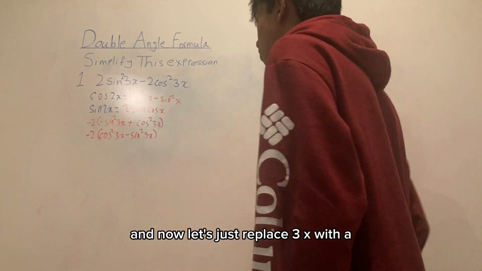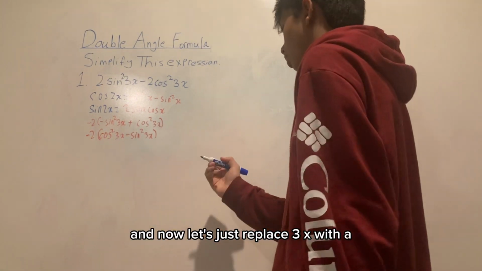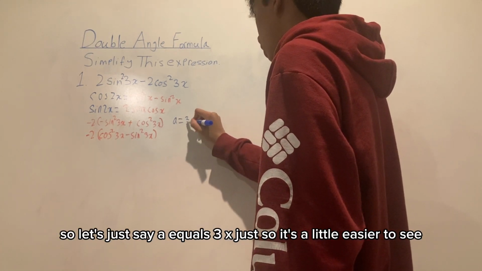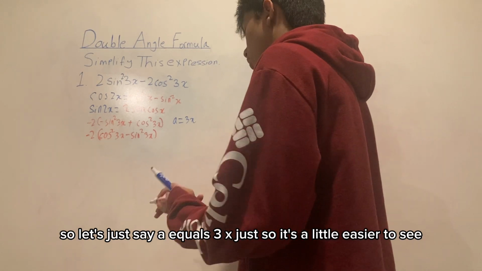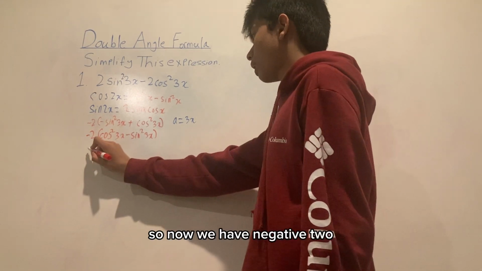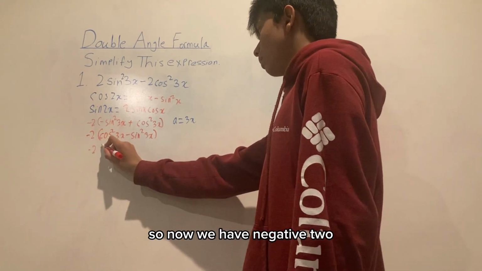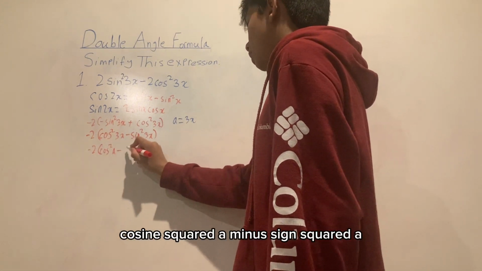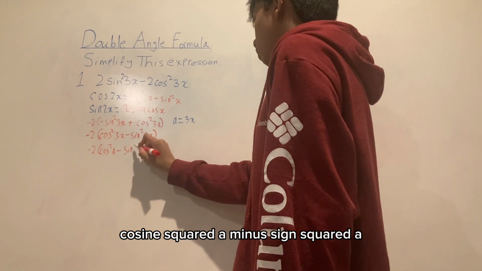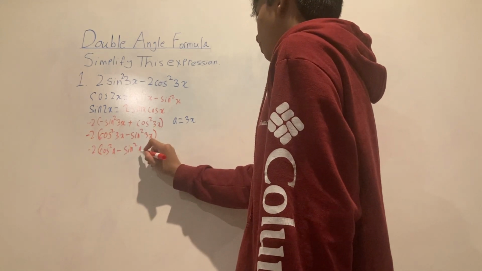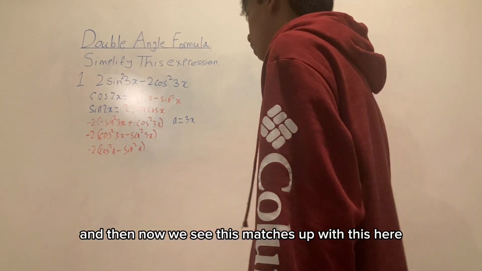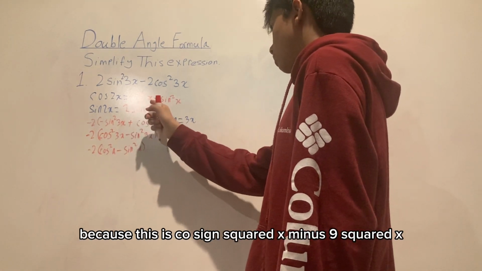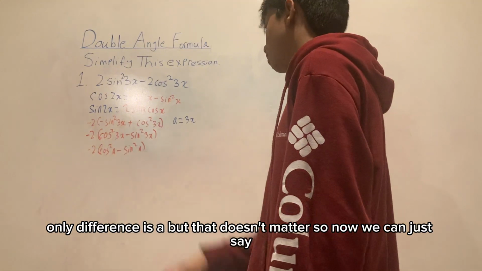And now let's replace 3x with a. So let's just say a equals 3x, just so it's a little easier to see. So now we have negative 2 times cosine squared a minus sine squared a. And now we see this matches up with cosine squared x minus sine squared x. The only difference is a, but that doesn't matter.